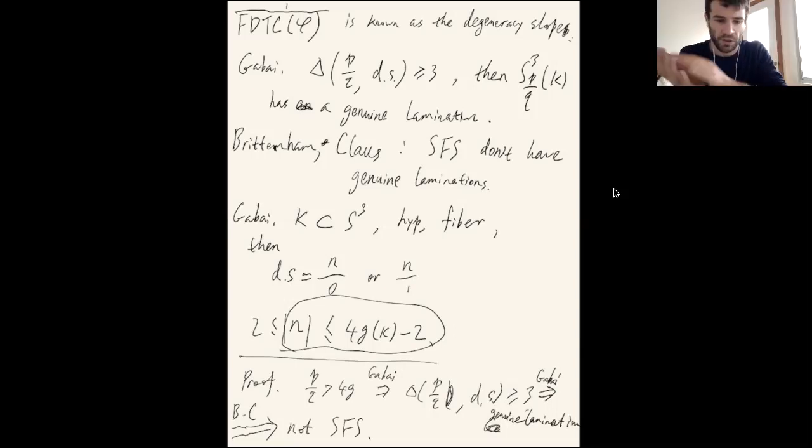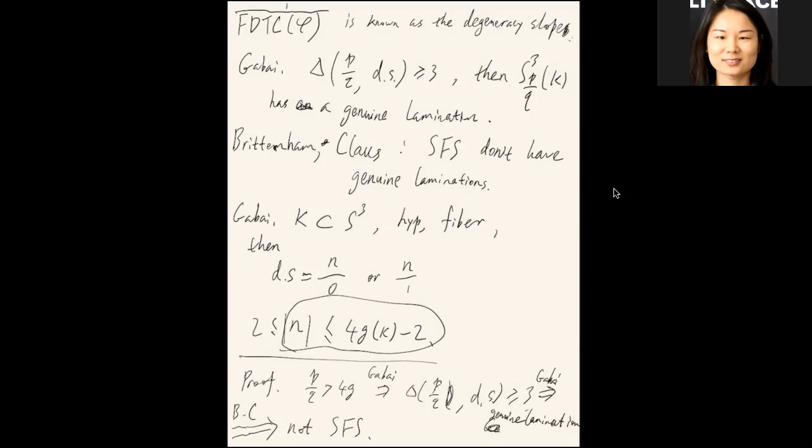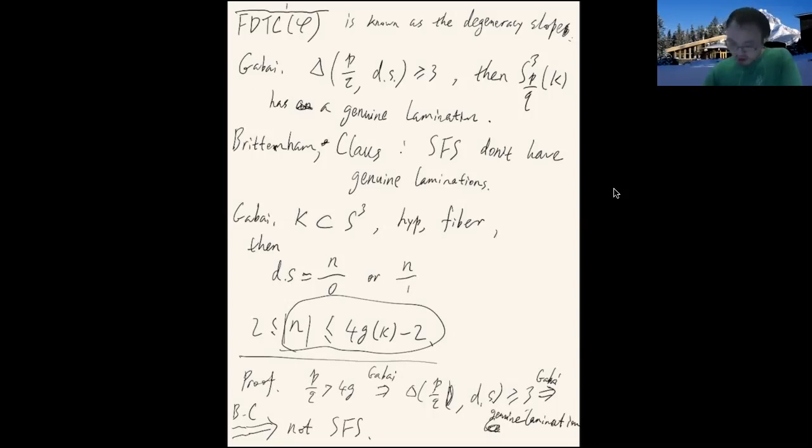Okay, I'm sorry, I thought Gabai's result is that the distance is greater than or equal to 2. Yeah, right. Actually, there are 2 parts. Gabai proved that if the distance is greater than or equal to 2, then this implies that the lamination is an essential lamination.